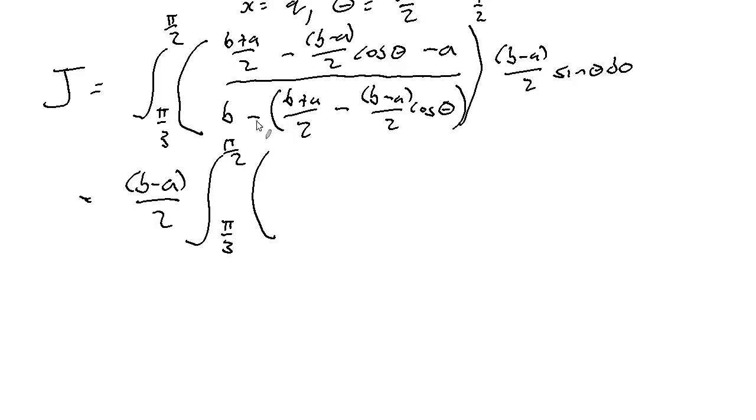Now, let's have a look at this big thing inside here. That cancels, because (b plus a) over 2 minus a is (b minus a) over 2.